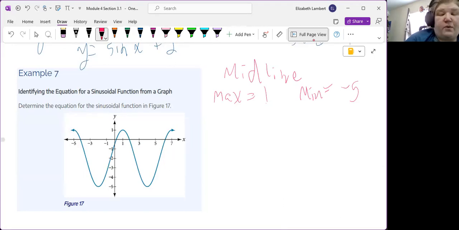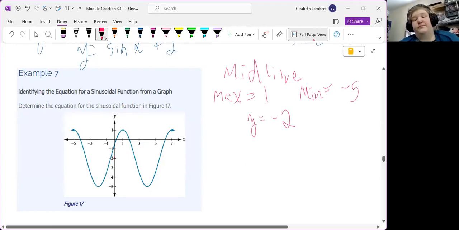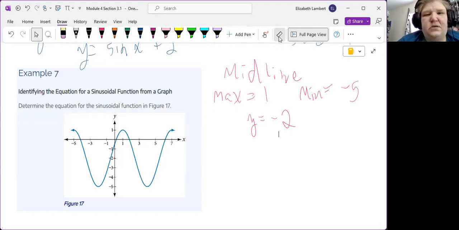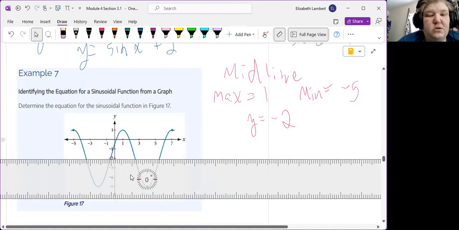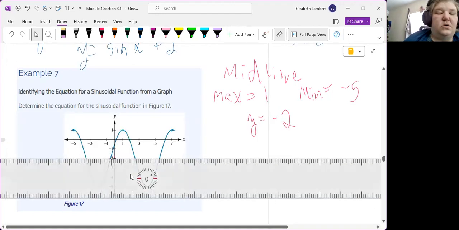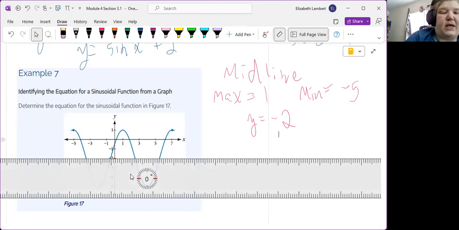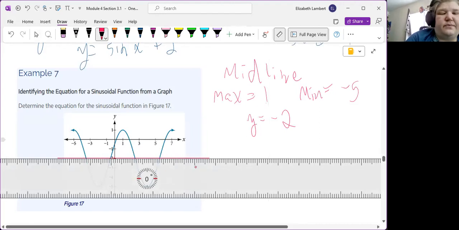So I have to count from one of the extremes, 1, 2, 3. So our midline is going to be y equals -2. So let me go ahead and grab that ruler again. And let's see if we can't just, whoop, there we go.